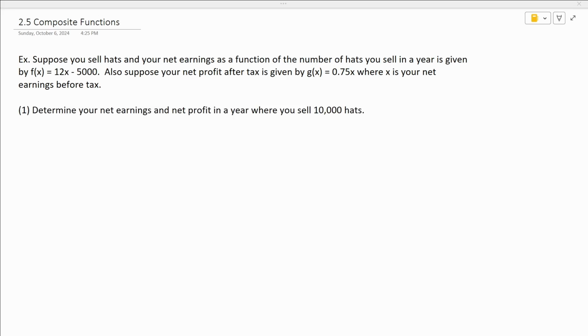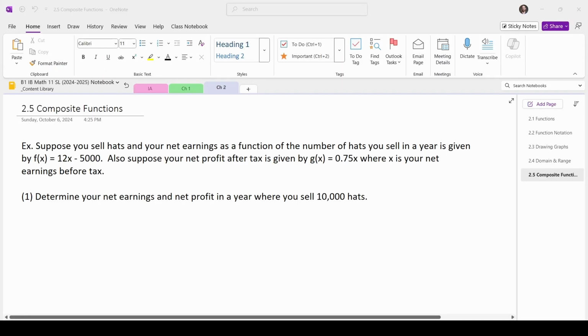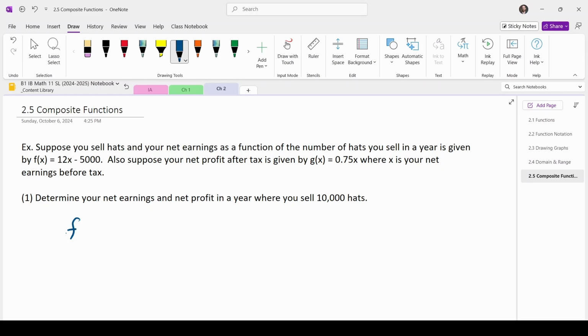Question 1. Determine your net earnings and net profit in a year where you sell 10,000 hats. So my net earnings is given by f of x. x in f of x represents the number of hats, so f of 10,000 equals 12 times 10,000 minus 5,000.